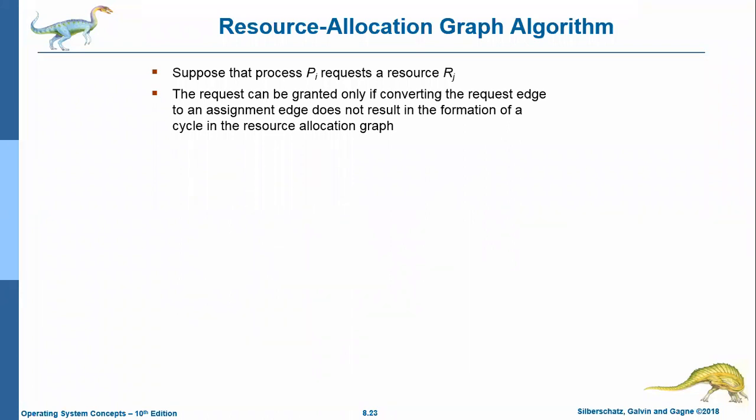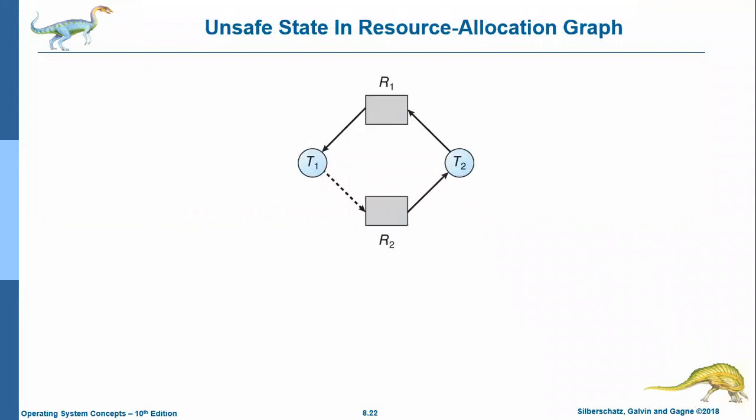Resource allocation graph algorithm. Suppose that process Pi requests a resource Rj. The request can be granted only if converting the request edge to an assignment edge doesn't result in the formation of a cycle in the resource allocation graph. So this request will be granted only if a cycle doesn't form in the graph.